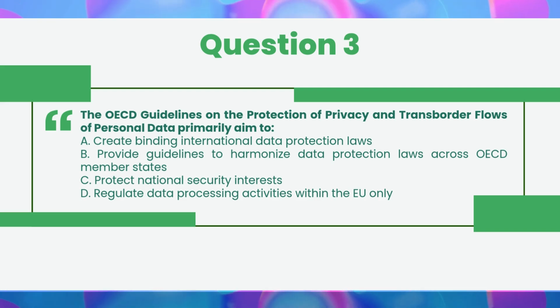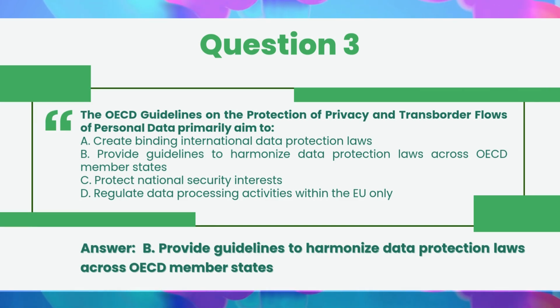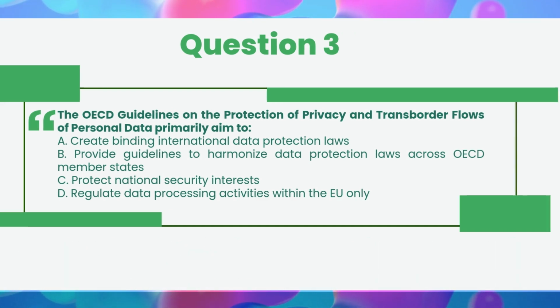D. Regulate data processing activities within the EU only. The answer is B. Provide guidelines to harmonize data protection laws across OECD member states. This is because the OECD guidelines aim to harmonize data protection standards among member states, providing a non-binding framework that influences national laws.